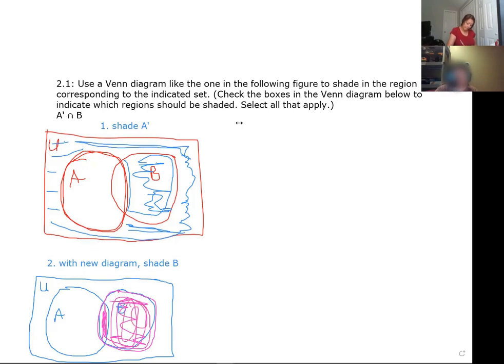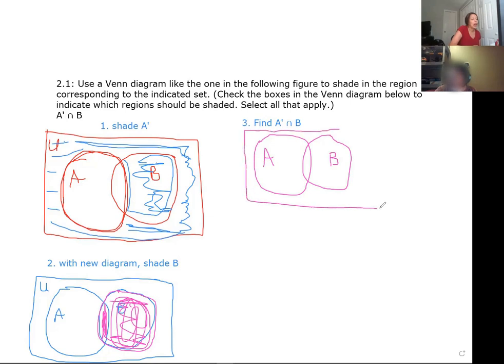And then my step 3 is to find my A prime intersect B. So I'm going to draw a third Venn diagram. And because it's an intersection, that means we're looking for the overlap between step 1 and 2.